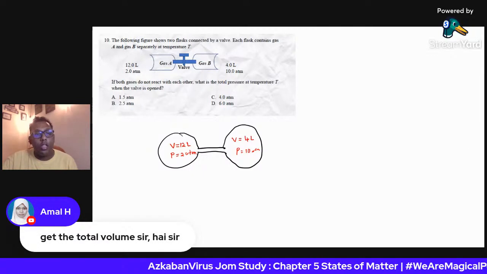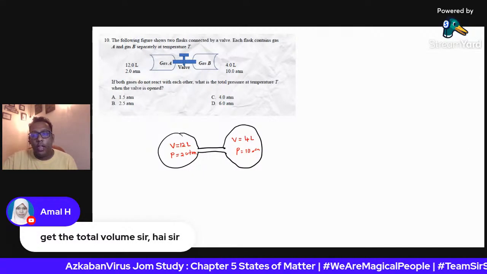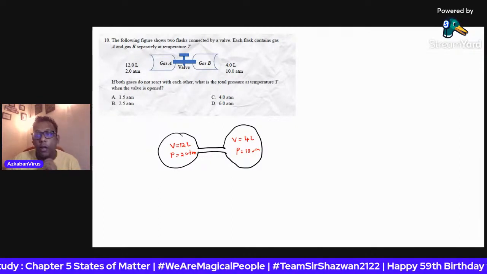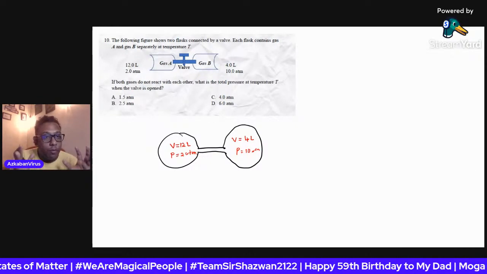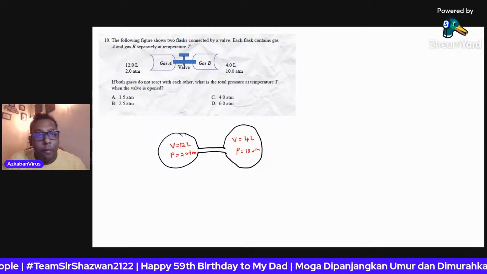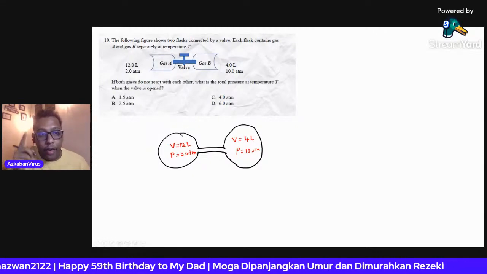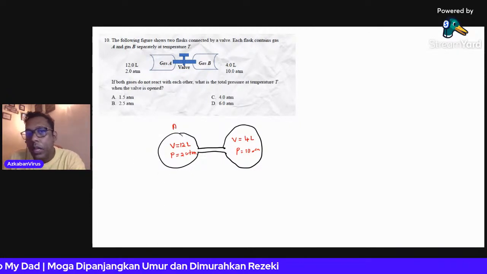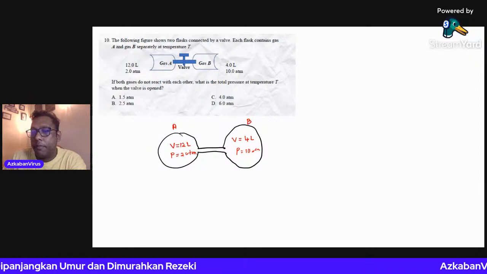Dia kata get the total volume. Okay, get the total volume. So, bila ambil total, kenapa? Apa berlaku bila kita buka dia tu? So, bilik tu jadi lebih besar. So, apa jadi pada pressure? According to Boyle's law, pressure akan jatuh. So, kita kena calculate pressure untuk gas A dan pressure untuk gas B.